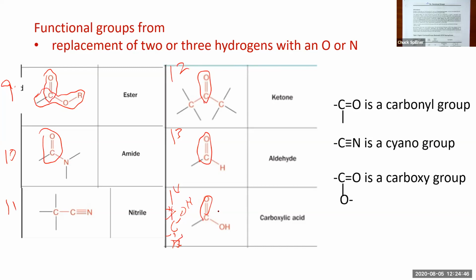The carbonyl you see in carboxylic acids, aldehydes, ketones, esters, and amides. And those are important. So these types of groups, like the carbonyl and the cyano, they have specific reactivities and properties also.